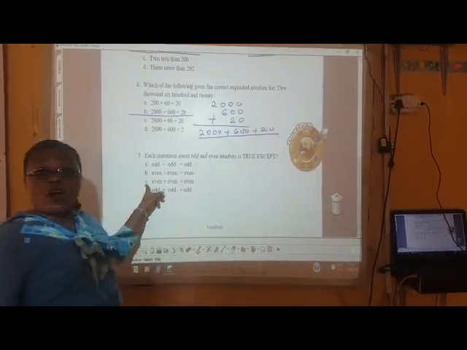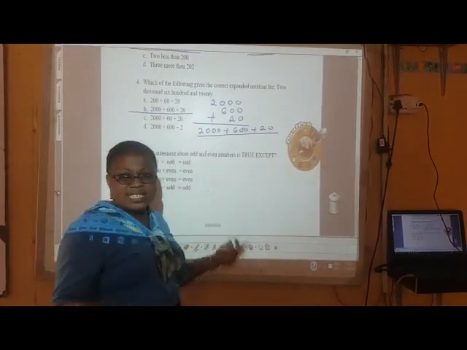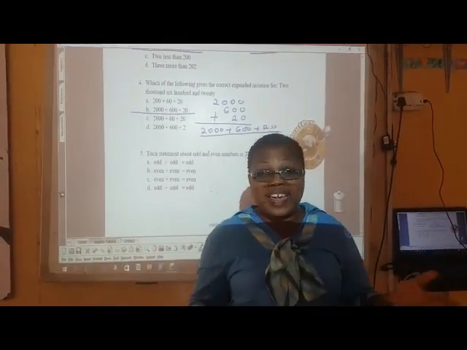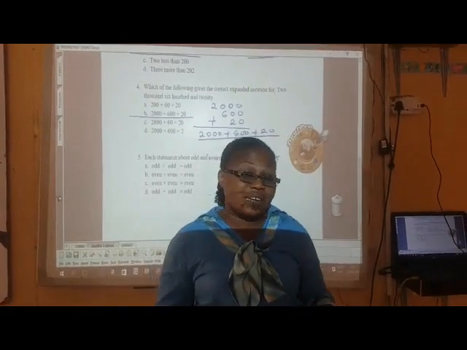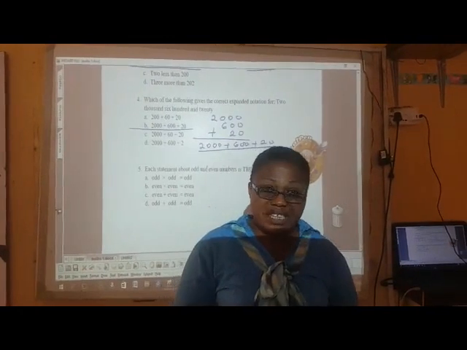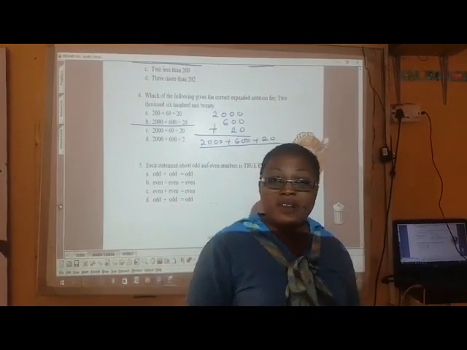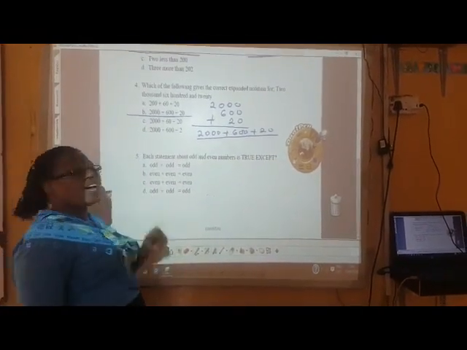Then the C option, even plus even is equal to even. Let's pick 6 and 8. 6 is an even number, 8 also is an even number. 6 plus 8 will give us 14, and 14 is also an even number. The statement is also true.